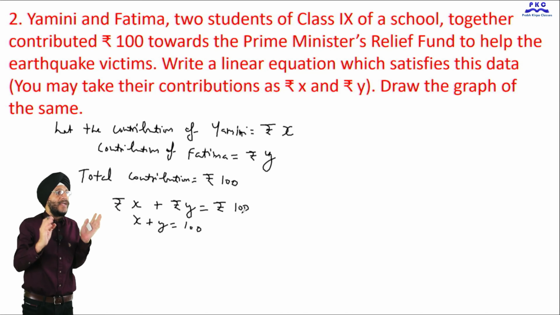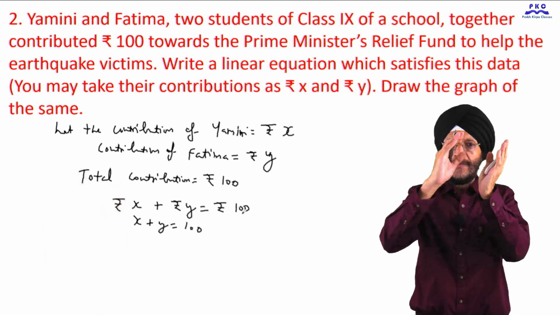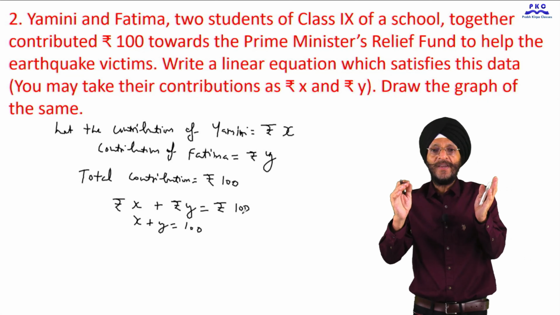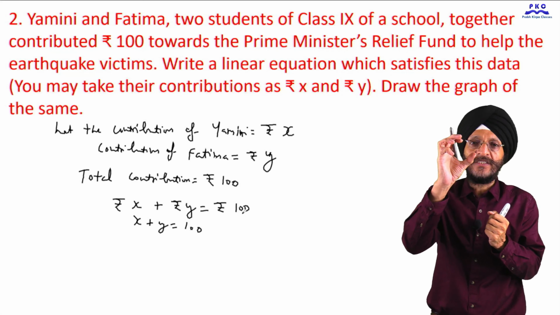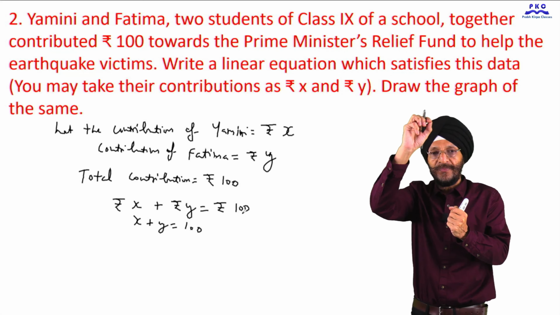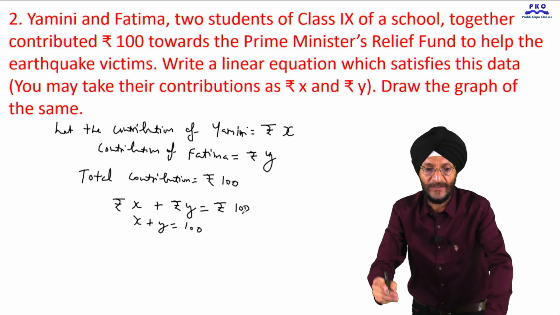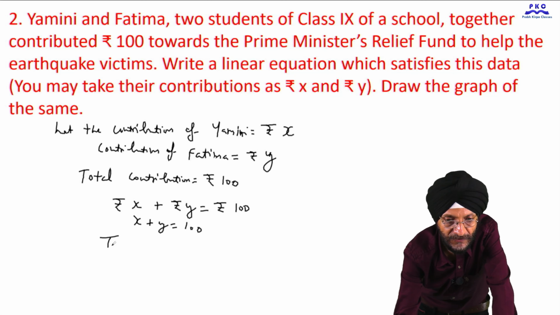As already told, when we are to form a graph on the basis of a linear equation, we will have to find out two solutions, that is, 2 points which can be drawn on the graph and joined together.